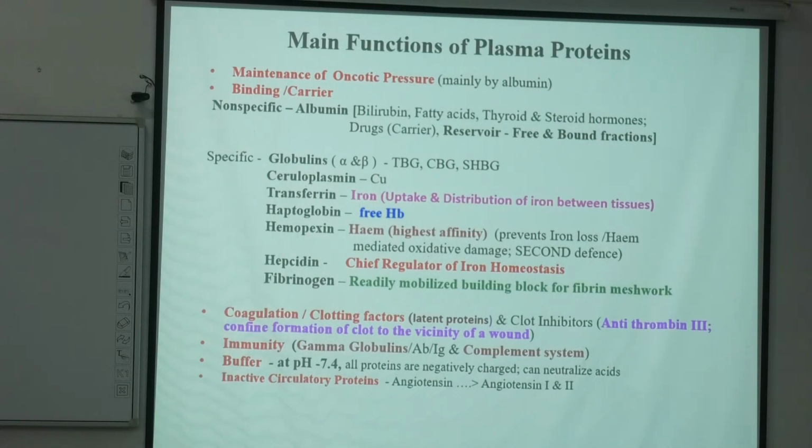Albumin, being present in a very large amount, acts as a reservoir, and there is a dynamic equilibrium between the bound form and the free form. From the bound form, slowly the free forms are released, and the free form is active, be it hormone, be it drug. So albumin is very much important because of its quantity, its quality, and other metabolic factors also.